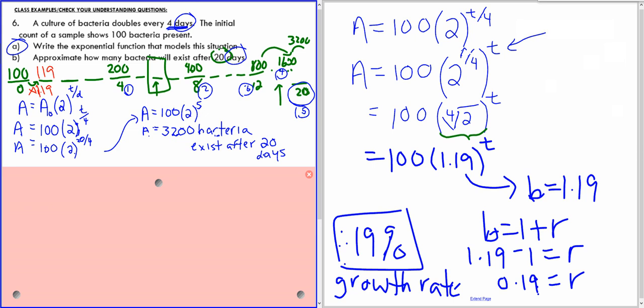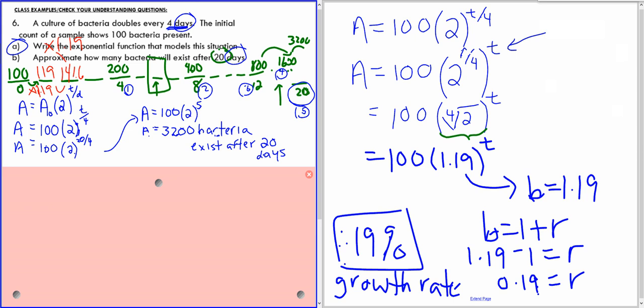If I multiply that by 1.19, I'm going to do that on my calculator here, you get about 141.6. So on day 3, I had 141.6.